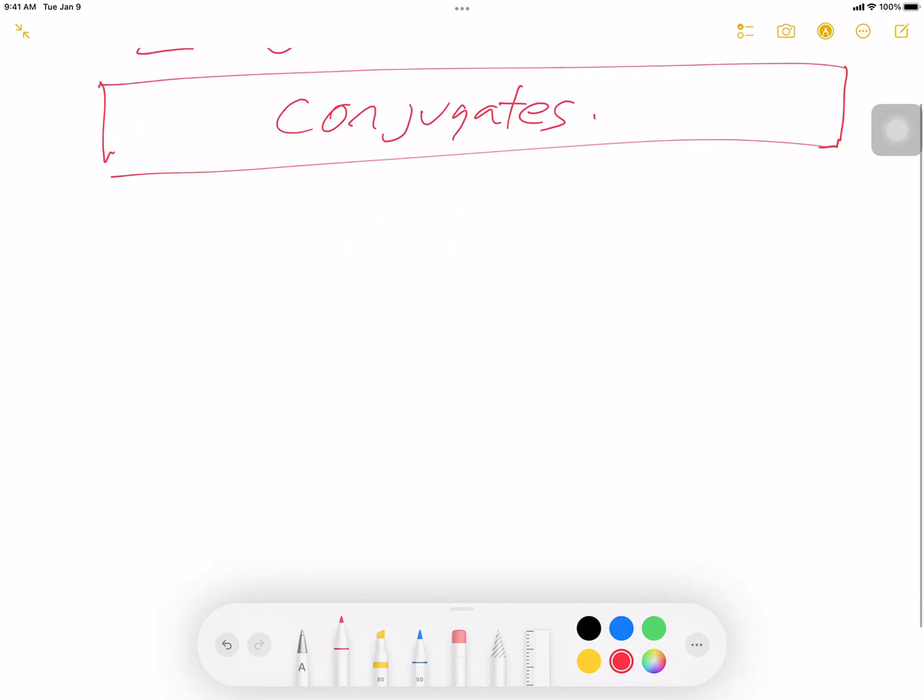Well, the first thing I want you to see is how conjugates come from using the quadratic equation that you all know and love. Let's say we've got x squared plus 10x plus 34 equal to 0.